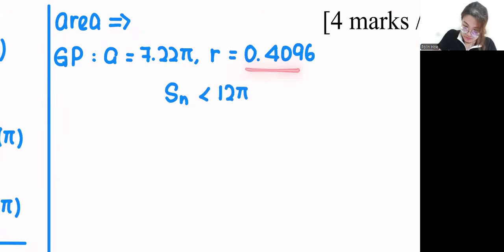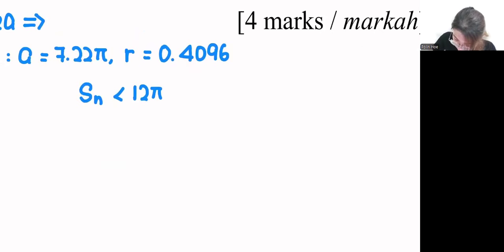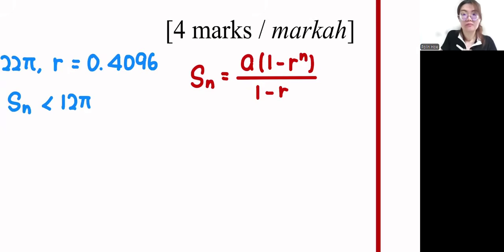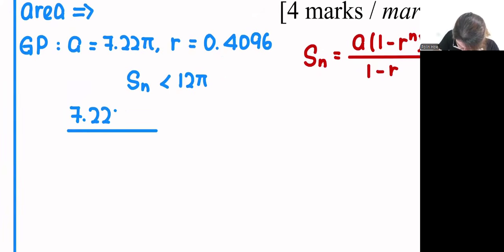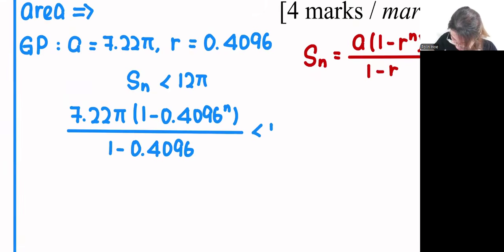The ratio is less than 1, so the formula will be Sn equals to one minus 0.4096 to the power n, over 1 minus 0.4096, less than 12 pi.